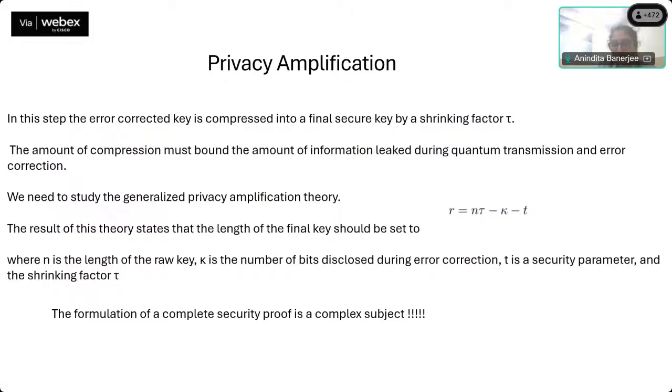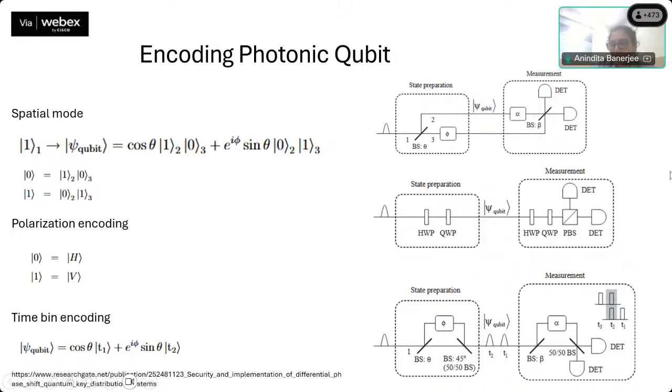Based on the encoding and decoding mechanism, usually if I'm using a standard telecom fiber at 1550 and doing terrestrial QKD, then we go for phase encoding. In phase encoding, for a decoder you need an interferometer. If you're using polarization, your decoding could be a set of optics with a quarter wave plate, half wave plate, and a PBS.